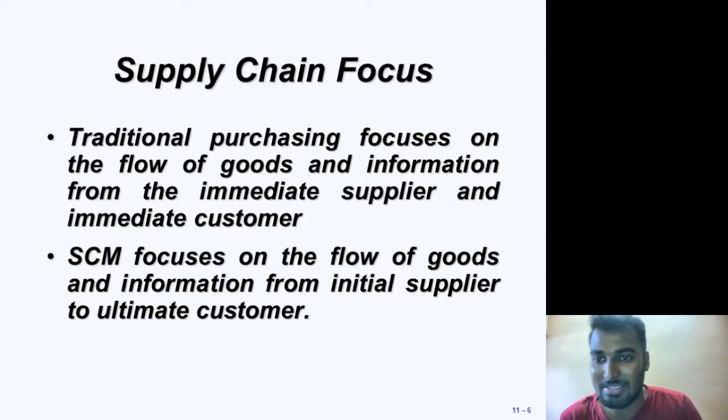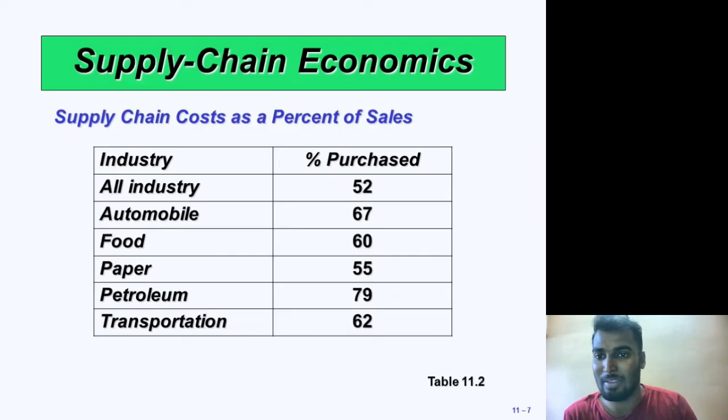Traditional purchasing completely focuses on the flow of goods and information between the immediate supplier and the immediate customer, whereas supply chain management focuses on the flow from the initial supplier to the ultimate customer, which we call the end point, where we get the feedback from them.